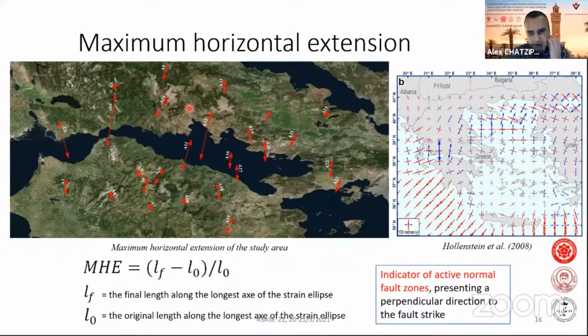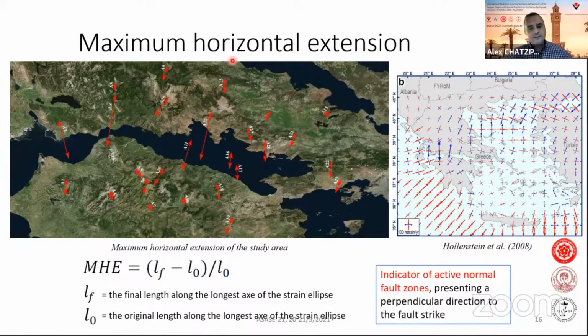These are the results of this analysis, and it shows that there is a difference in various parts of the Gulf. They are consistent with this general map by Hollenstein et al. 2008, which also shows an anomaly in Corinth Gulf. However, this analysis shows this deformation in more detail.